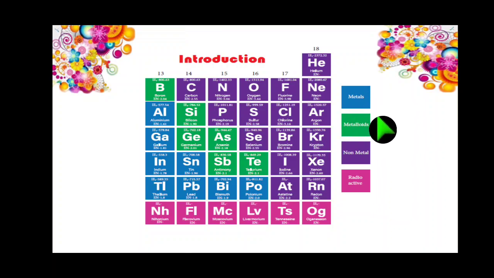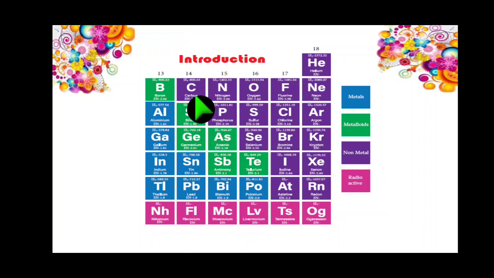These are metals, right? Then metalloids, in green color: boron, silicon, germanium, arsenic, antimony, then tellurium. Metalloids.